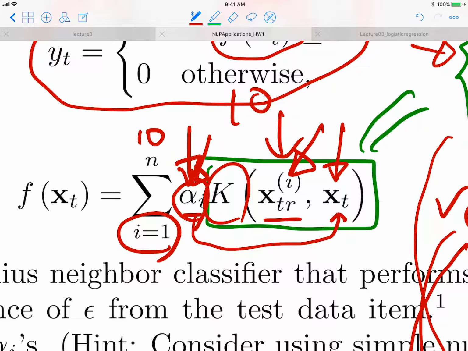So overall, the kernel-based support vector machine has the same form, but a more complicated way of defining the similarity value, which is based on our Gaussian kernel, right? And the alpha i's are based on determining the support vectors.